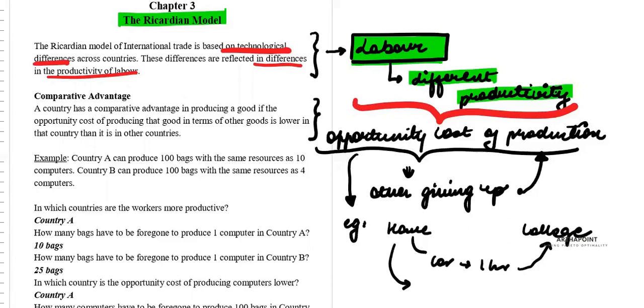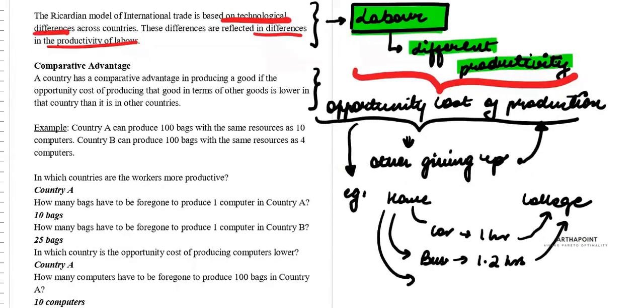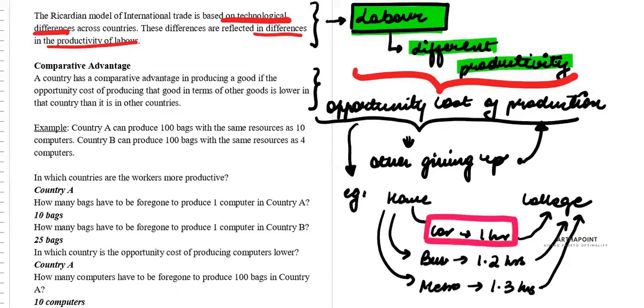Had I gone from my home to college via bus, it would have taken me 1.2 hours. And had I gone from my home to college in a metro, let's say it would have taken me 1.3 hours, including all those autos and everything I would have taken in between. When I take the car, the cost of the next best alternative, that is the opportunity cost of car.